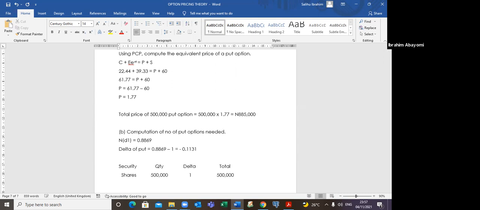Then I need put options. I don't know the number, but I know that the delta is minus 0.1131. So I will have minus 0.1131x.